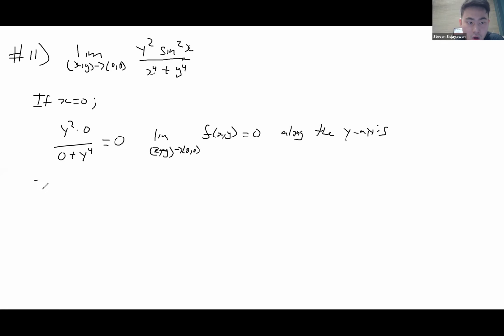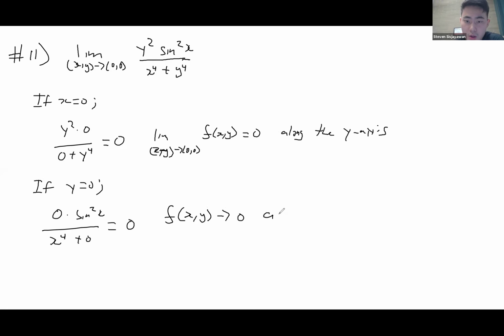Now, if y is equal to 0, we should get the same thing, because it'll be 0 times sine squared x all over x to the power 4 plus 0. That's also going to be 0. So f(x, y) also approaches 0 along the x-axis.